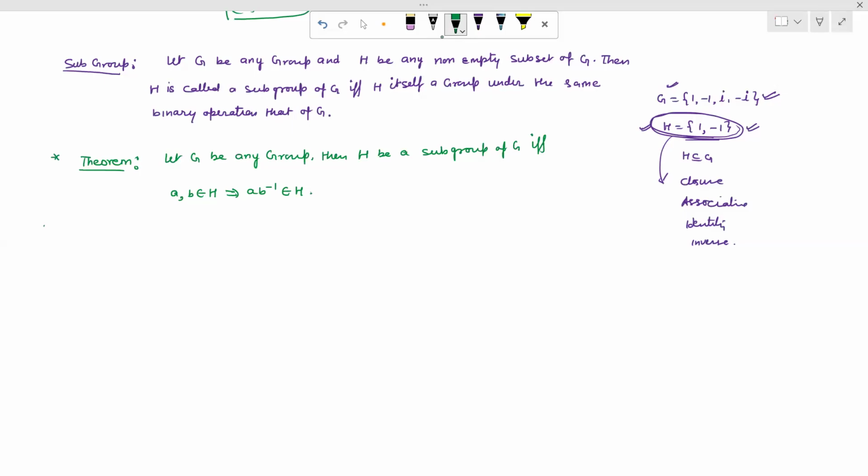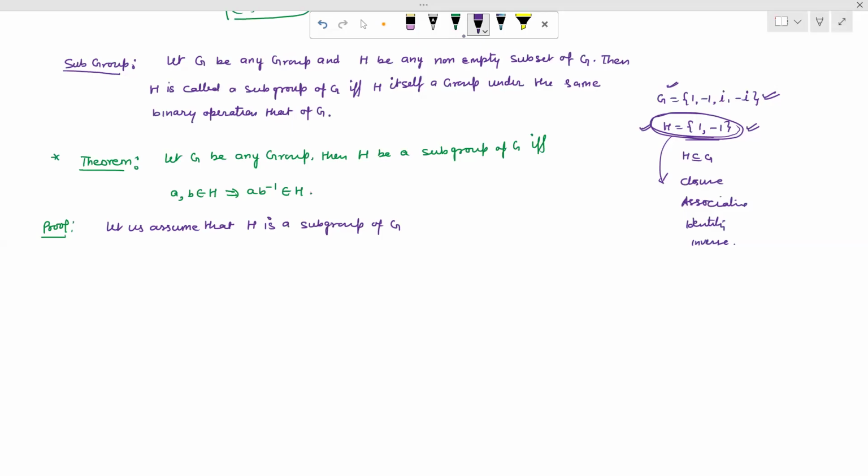Now we will prove this theorem. For proving this theorem, let us assume that H is a subgroup of G. Here we are assuming H is a subgroup of G, which means that H satisfies all the properties of a group.